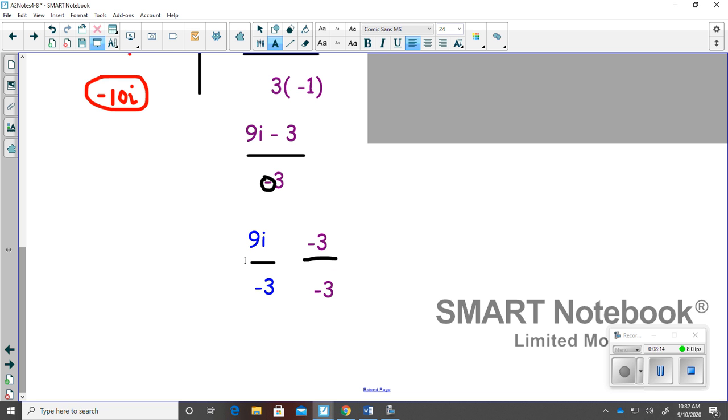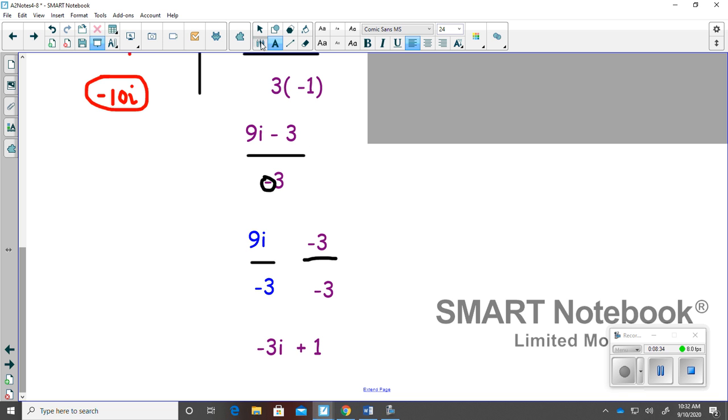Okay, and then we're going to have to simplify each division problem separately, so we're going to end up getting a -3i. And then in this fraction, we have a -3 divided by -3, and that's going to turn out to be a +1.